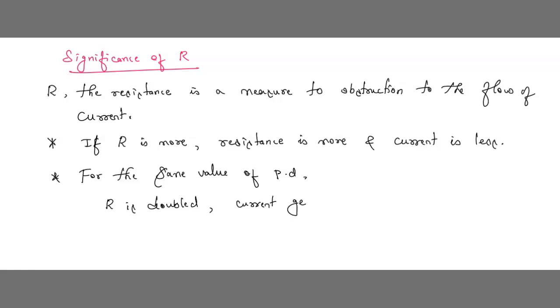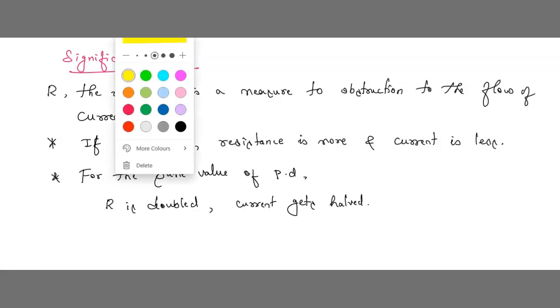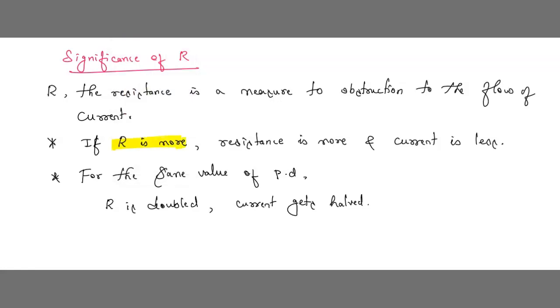Current gets halved, half of that. You should not forget this. If R is more, resistance is more and current is less. If R is doubled, then current gets halved. So this is called the significance of R.